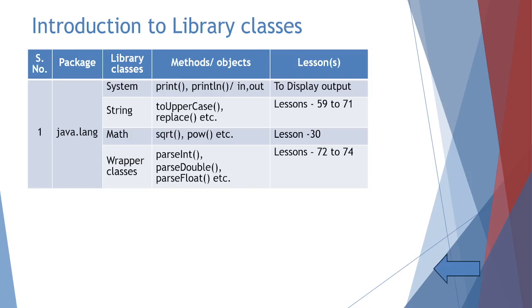We've seen java.lang package, which is automatically included or imported. Now java.lang package by default has many library classes: system, string, math, all wrapper classes like byte, short, integer, long, float, double, character, and boolean. 8 wrapper classes.